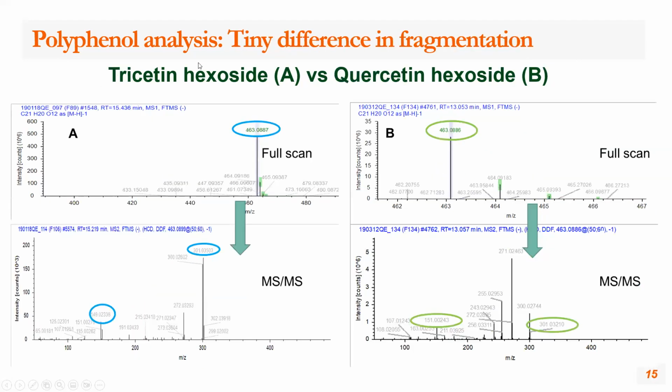What about a flavone like tricetin? We have tricetin attached to a sugar and quercetin attached to a sugar, and they give the same ion.